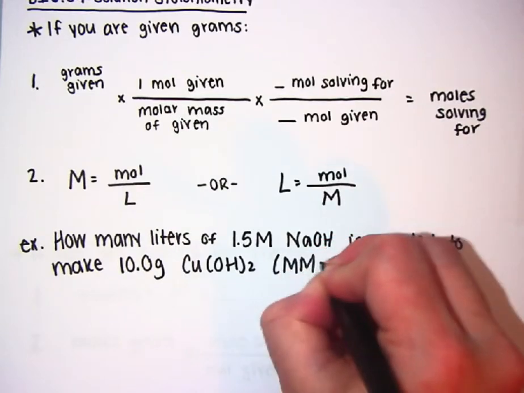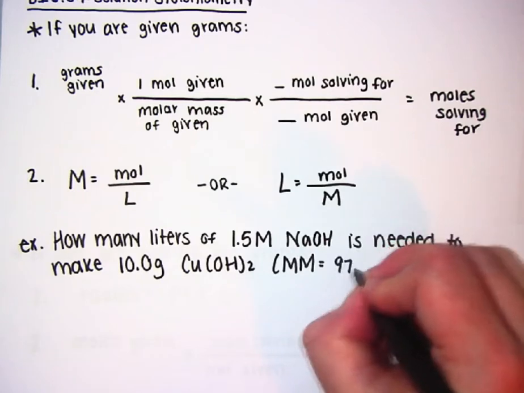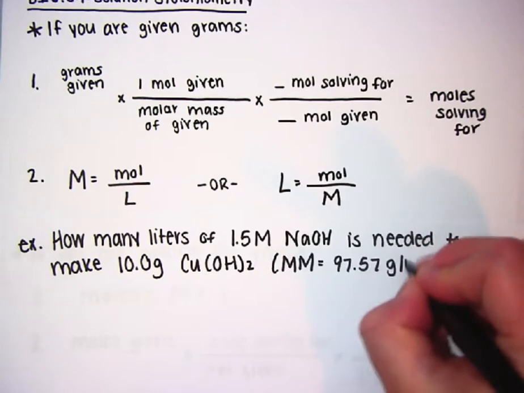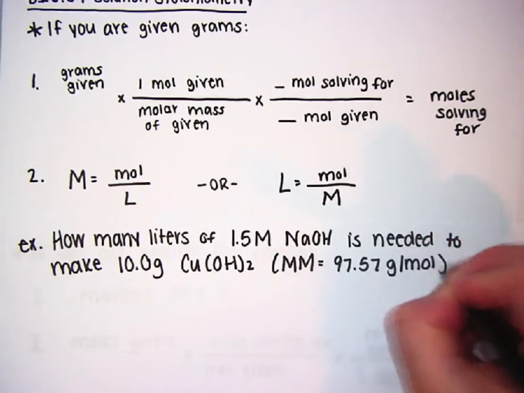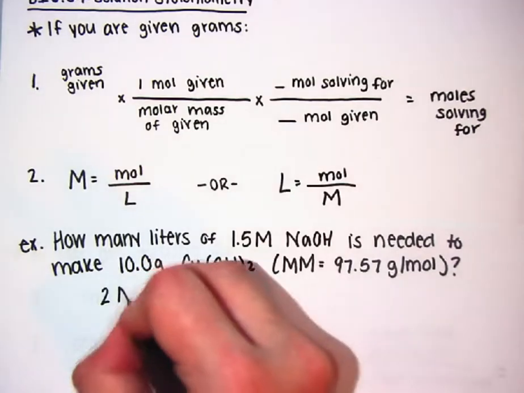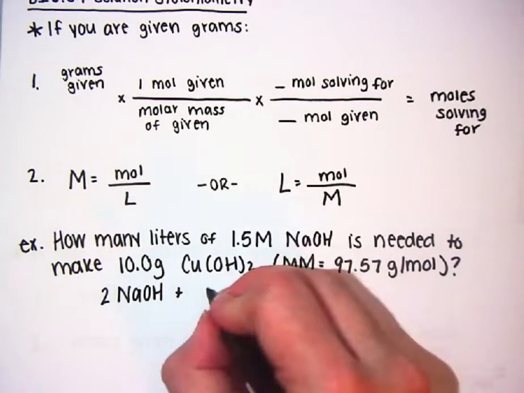And again, today I'll give you guys the molar masses, but make sure you know how to calculate these because you will not be given them on your exam. Again, you will be given the balanced chemical reaction.